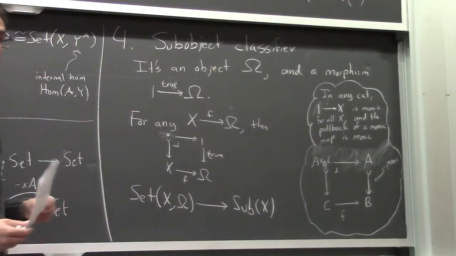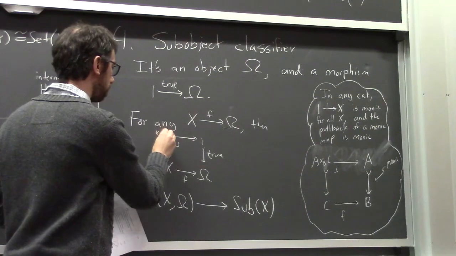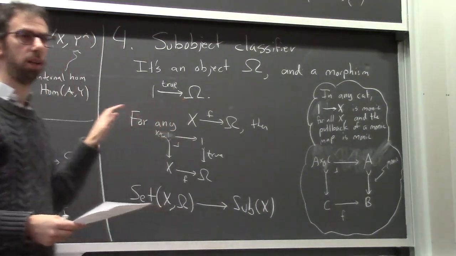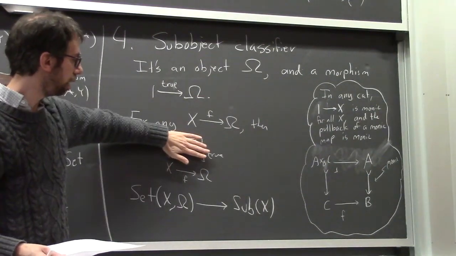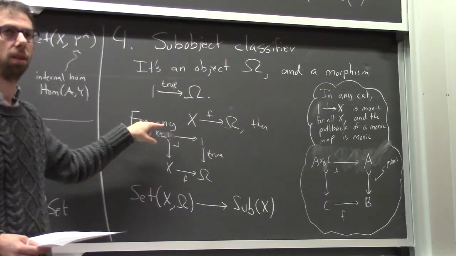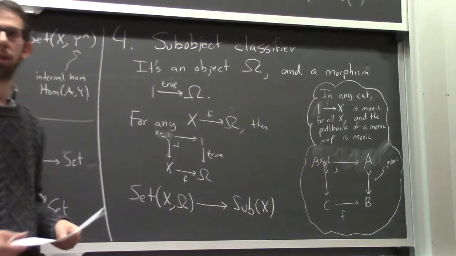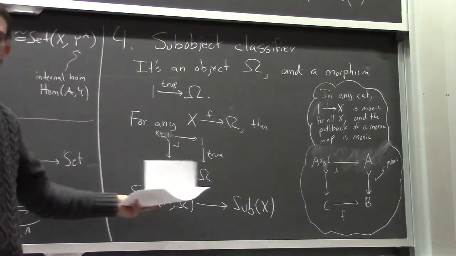That dot is my name for x times sub omega 1, but that dot is just the pullback, whatever that is. So what I'm saying is for any x to omega, I could pull back true and get some subobject of x. That's true in any category, if you have pullbacks and a terminal object, you can make the statement.